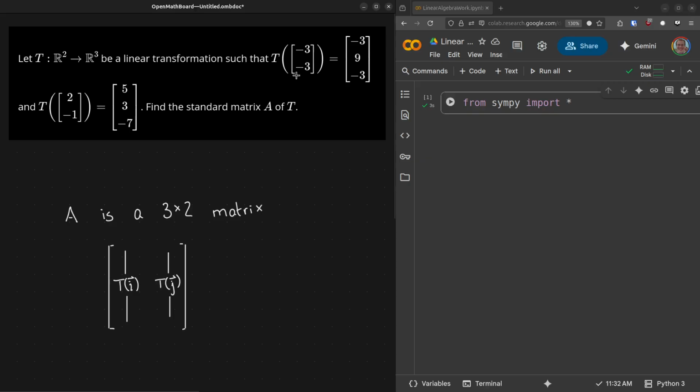I know the transformation of these two vectors, (-3, -3) and (2, -1). I'm not given right away the transformation on vectors i and j. So what we're going to do is use the properties of linear transformations to find the transformation on vector i and on vector j, by expressing i and j as linear combinations of the vectors we do know about.